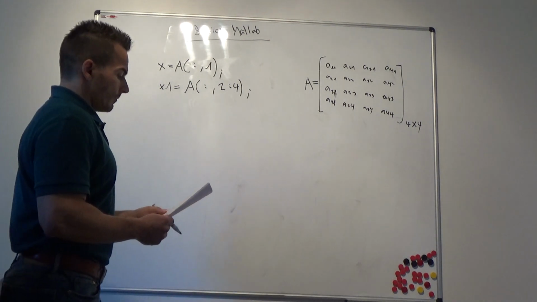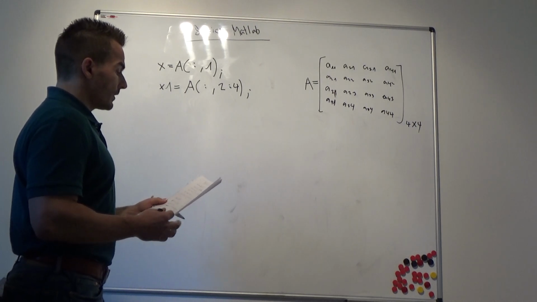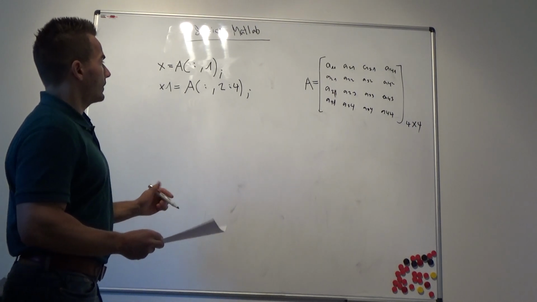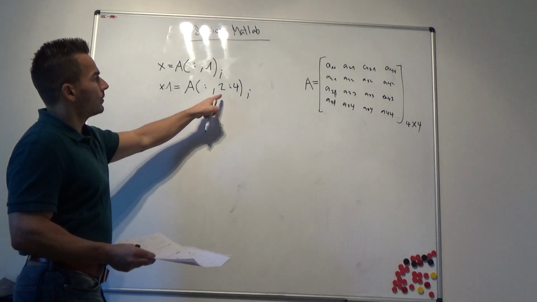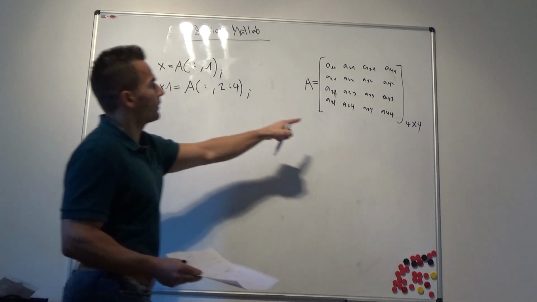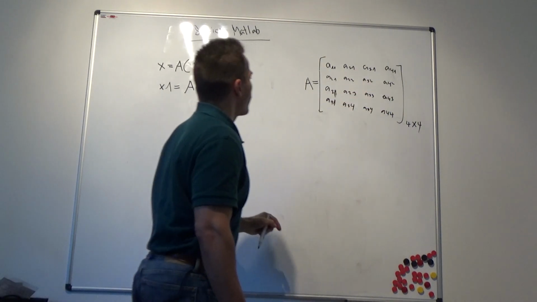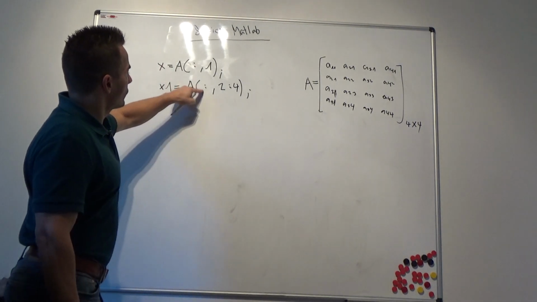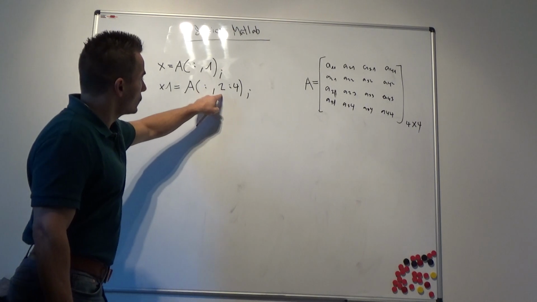So what does that mean? If you define this, it gives you a matrix. It says: I want columns 2 to 4, which is this column, this one, and this one, and all rows. So give me all rows in columns 2 to 4.